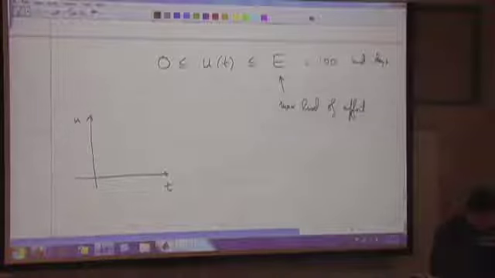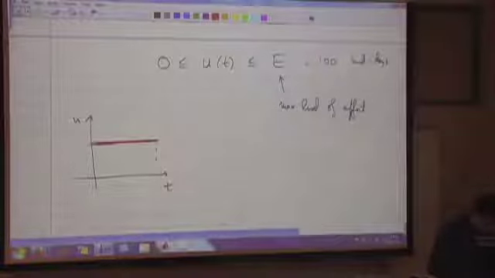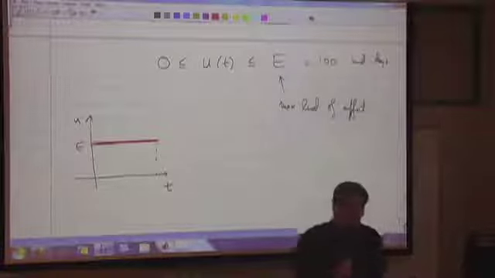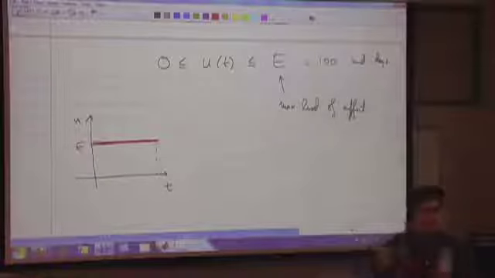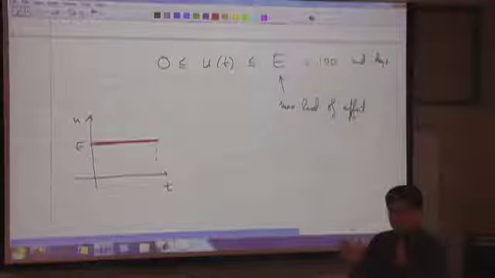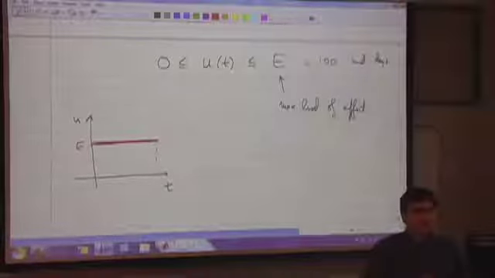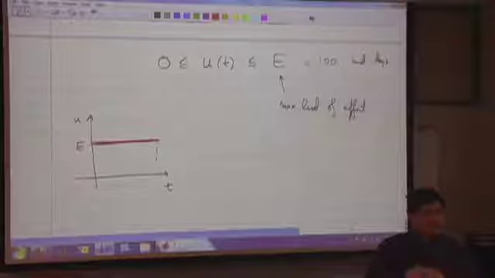If I were to plot u, for instance, you could think of applying full effort. I have this constraint on what I'm allowed to do, but I'm just going to do the max possible. Is this going to give you a maximum profit?